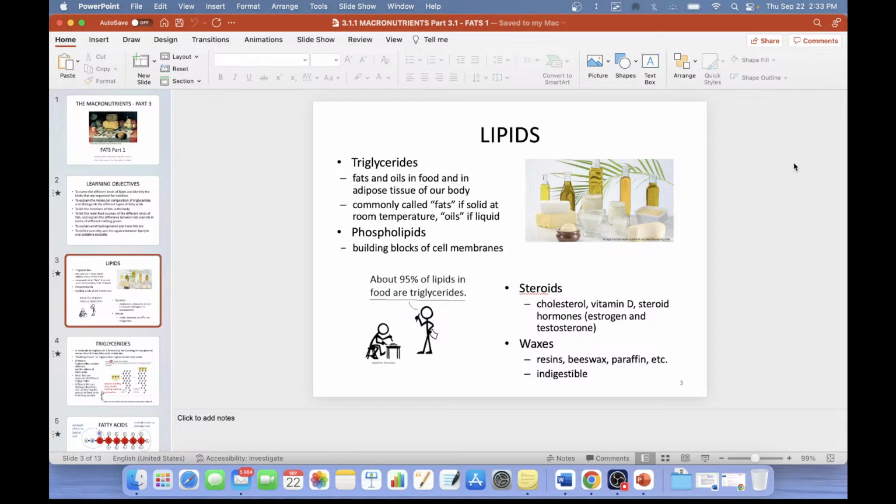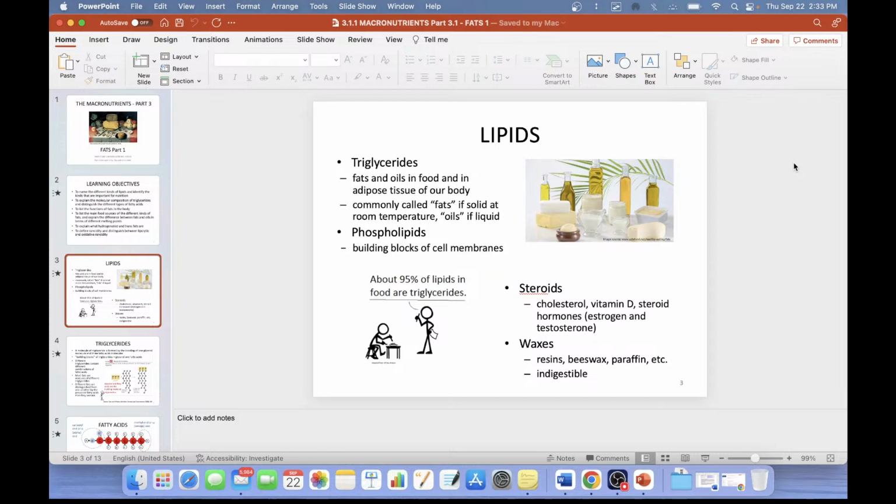And the ones that are important for us, because they are found in food and in our body, are the first 3, triglycerides, phospholipids, and steroids. Okay? Waxes are relatively important for food packaging and processing as we will see.